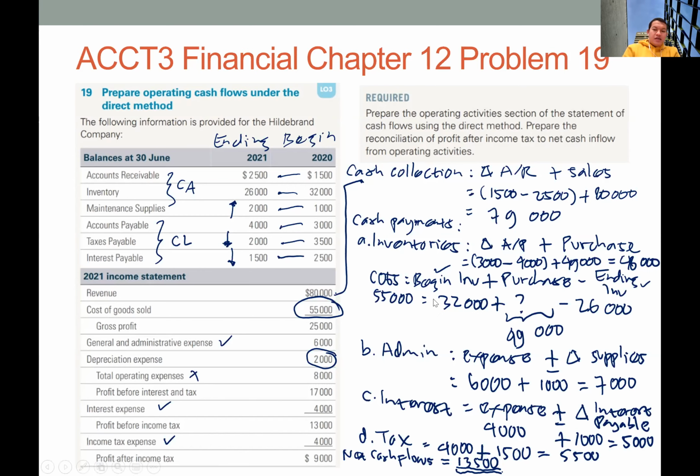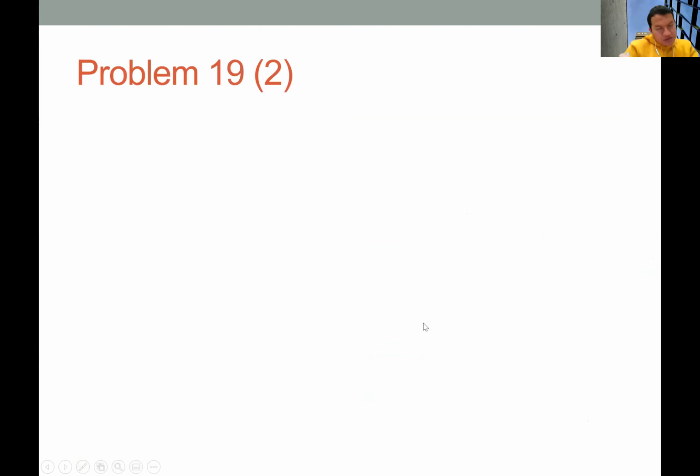No? Okay, the next one, we have to reconcile this. So next is reconciliation. In the reconciliation, we will use the indirect method.